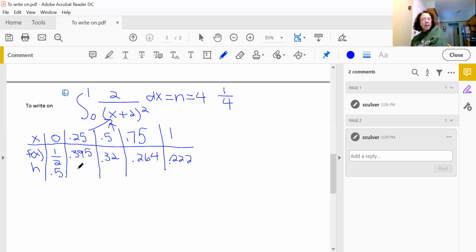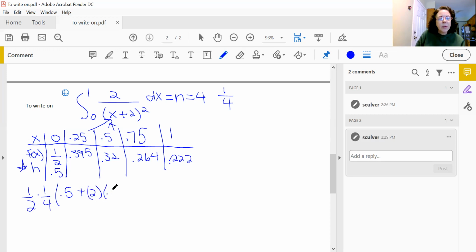Okay. And then we use the trapezoid formula. 1/2 is part of the formula. 1/4 is the base. And now I'm using these heights here. Our 0.5 we use once, plus 2 times 0.395. That base is used in the second trapezoid and in the third, plus 2 times 0.32.